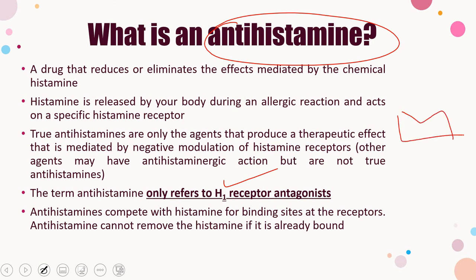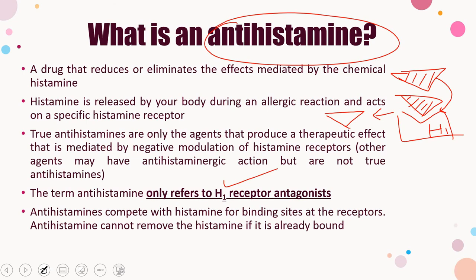If this is the H1 receptor, and this is histamine, the antihistamine has the same specificity and affinity, and comes and attaches to the histamine receptor. So the histamine has no opportunity to attach to the histaminergic receptor.